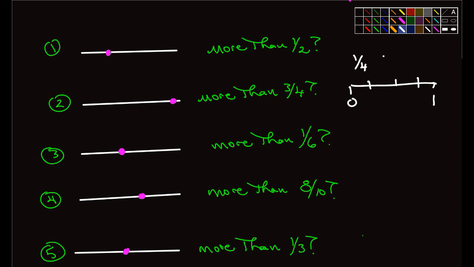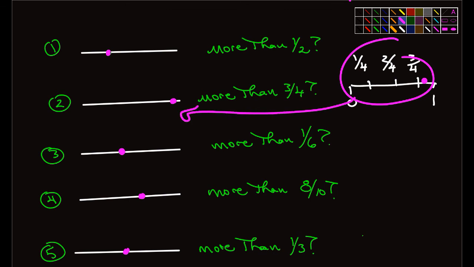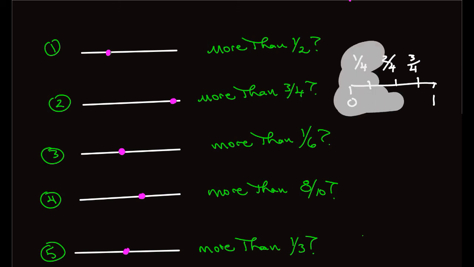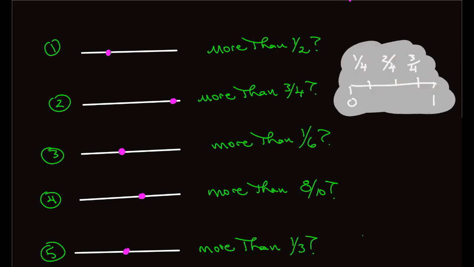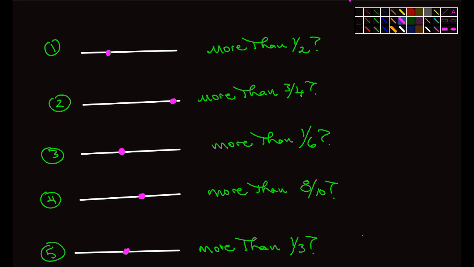Here's 2/4, or 1/2. Here's 3/4. So where about is this dot right here? Well, it looks like it's past 3/4 to me. So you answer the question. Is it more than 3/4 where that dot is? I would say yes. All right.